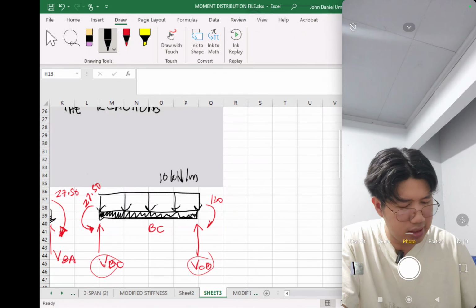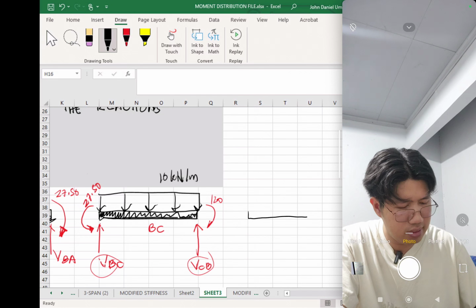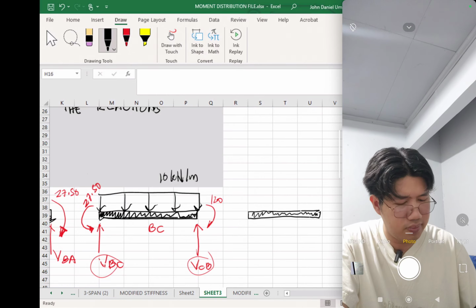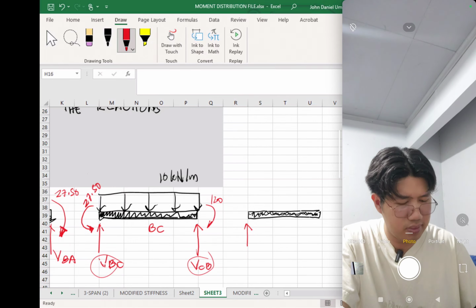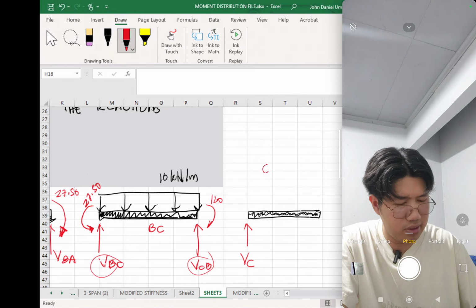And then lastly, okay, you have the overhang part.